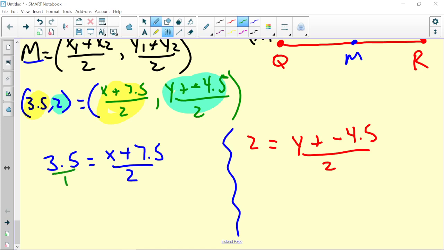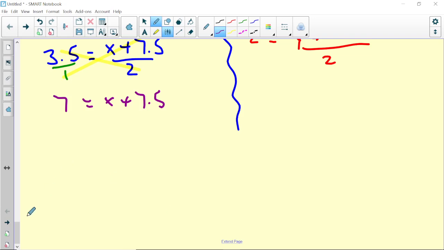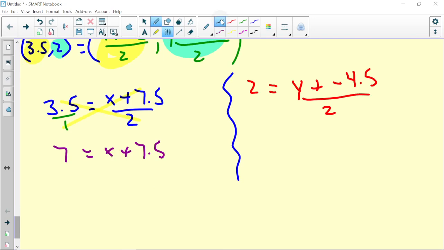Yes, we know that this 3.5 is over that invisible 1, where we can cross multiply. 3.5 times 2 is 7. 1 times everything up top on the right is the same thing. Anything times 1 is itself. So x plus 7.5. And then I'm going to subtract 7.5.